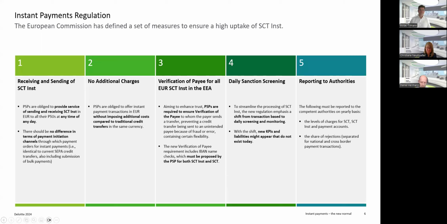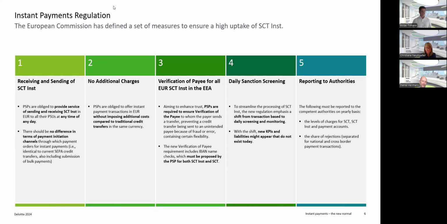And what's important for the payment service providers is that they need to find a provider or a scheme that is actually able to broker this information in real time within the 3 seconds, that the necessary databases are up to date, and there are potentially also challenges in relation to data that needs to be considered.